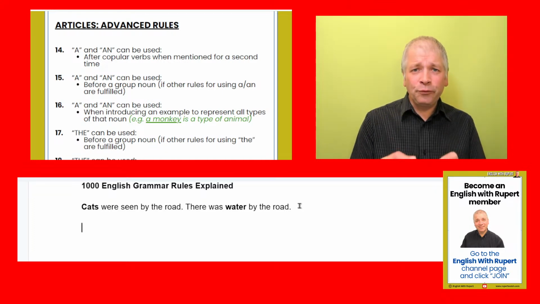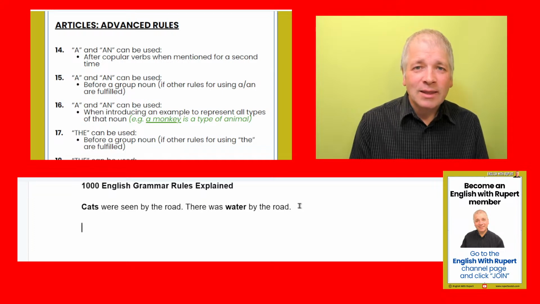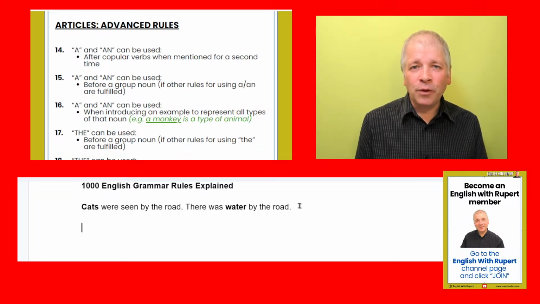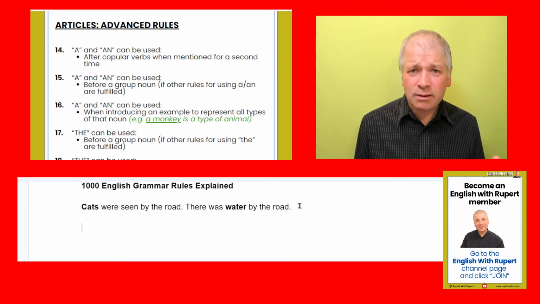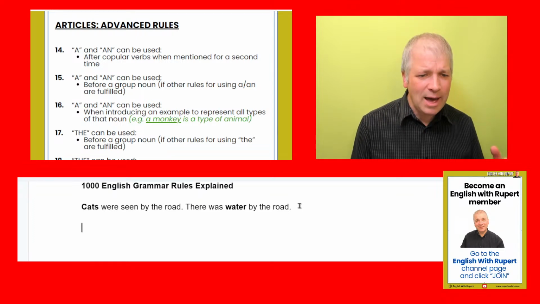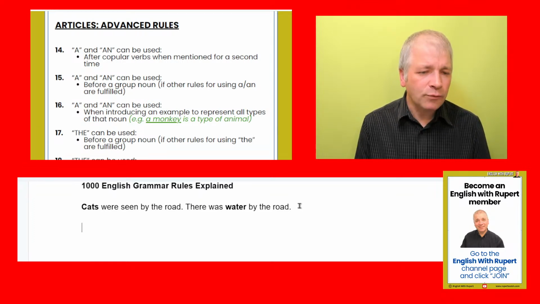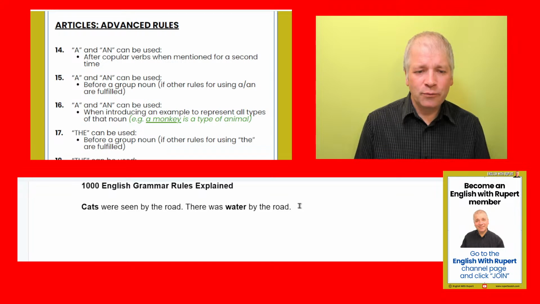Okay, rule 14. Now, this is a rule that I don't see in any grammar books anywhere. But if you do a search of English texts on Google, you'll see that this is quite common. Let me give you an example. I'll read the rule first and then I'll give you the example. So a and an can be used after copular verbs when mentioned for a second time.